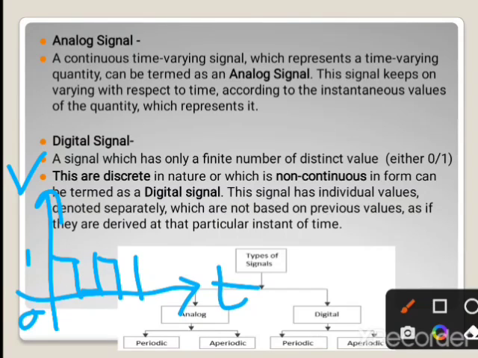These are discrete in nature, or non-continuous in form, and can be termed digital signals. So an analog signal is continuous in form and a digital signal is discrete or non-continuous. This signal has individual values denoted separately which are not based on the previous value. Okay, so a digital signal has individual values. It doesn't depend on the previous value.